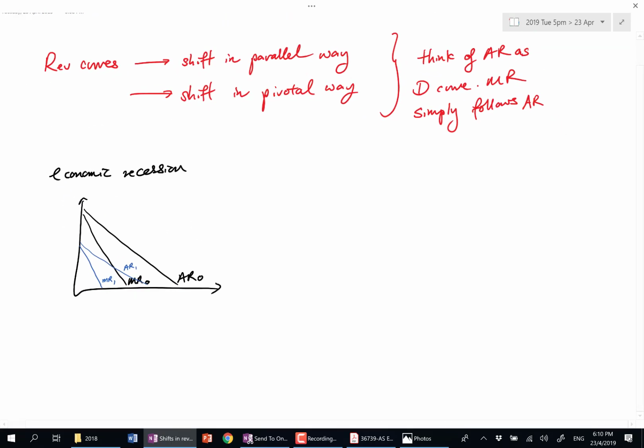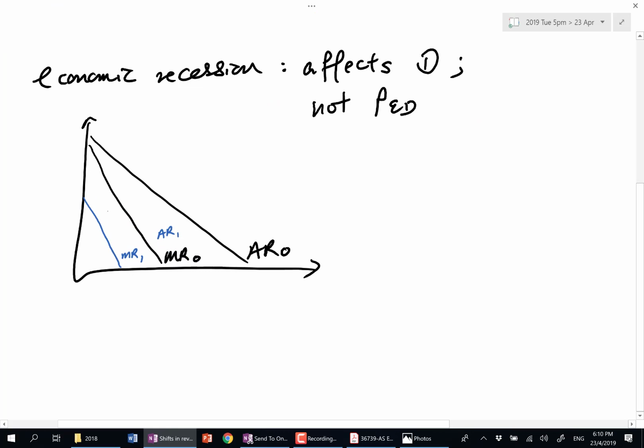Parallel shift. Why? Because your economic recession affects demand. It doesn't affect PED. So the AR shouldn't change in terms of the slope. Does this look parallel enough? If not, I draw another one. Can you see the inward shift in a parallel way?